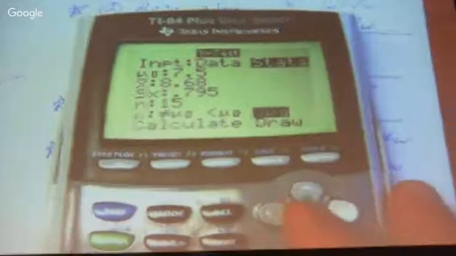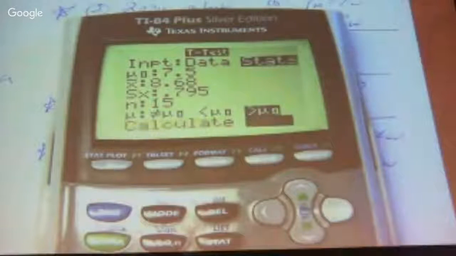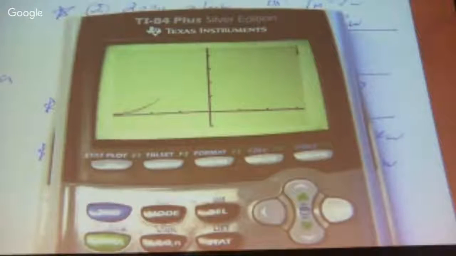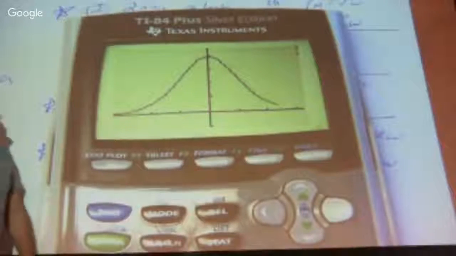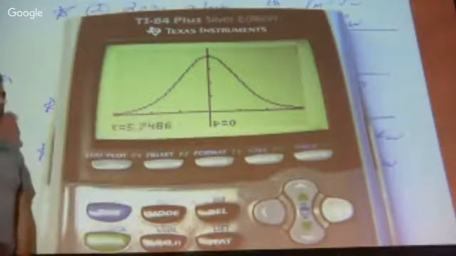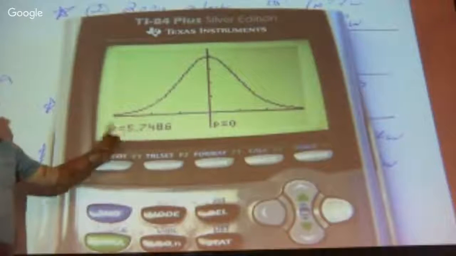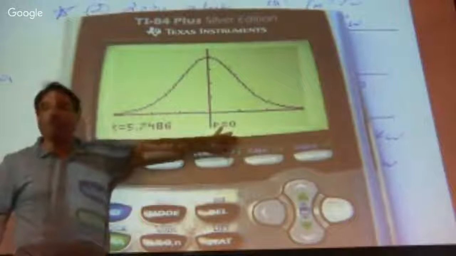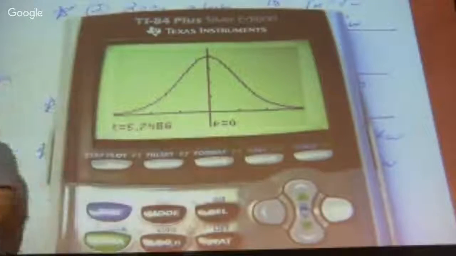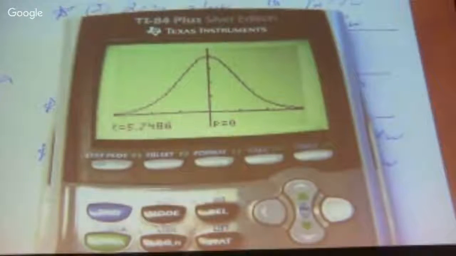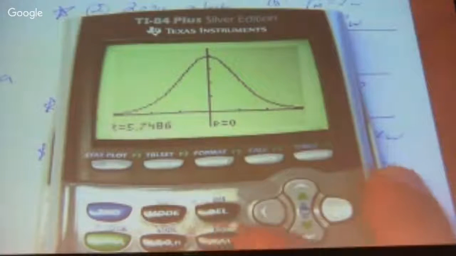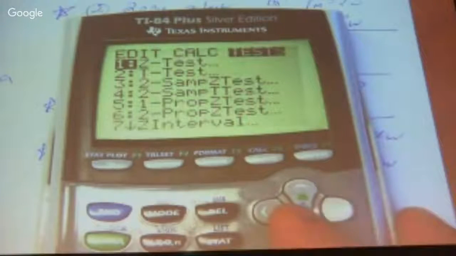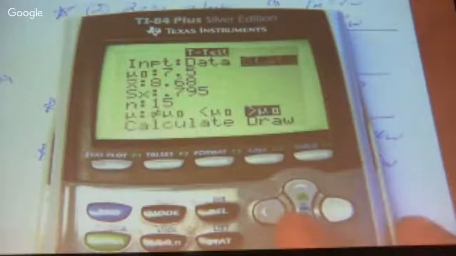Now, anytime it's off the charts, what is our p-value going to be? 0, right? So because our t is so large, checking our work, our p is essentially 0. It's okay to report 0 because it's really small, but if you want to know the exact, stat, test, t-test, if you want the exact, what should I choose?